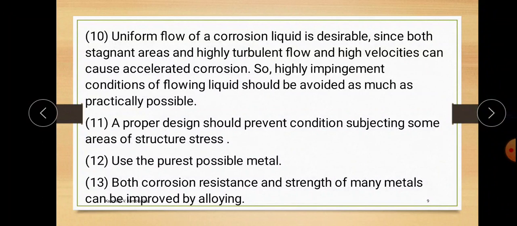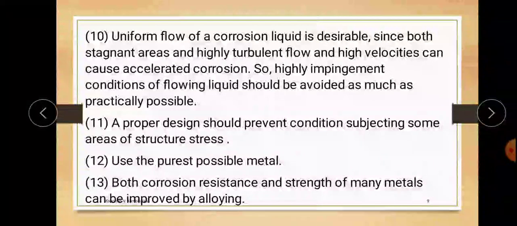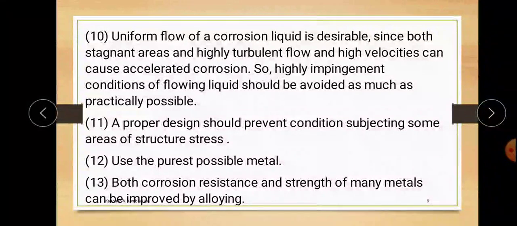Even minute iron in magnesium, or lead in zinc casting alloy, may be highly detrimental. So by simple doping of a metal, impurity in the metal, the corrosion rate can be enhanced. So the purest possible metal should be taken, which reduces the rate of corrosion.